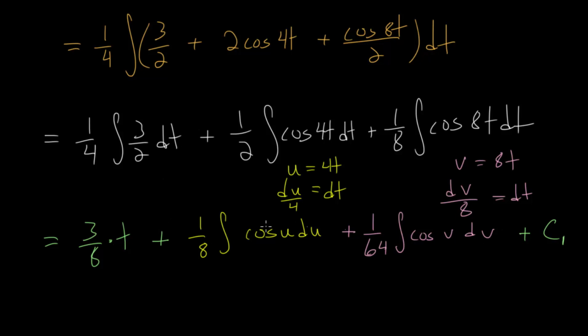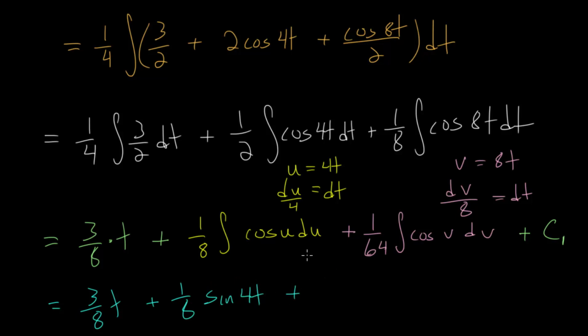And let's evaluate these two integrals so that we can combine everything. We have 3/8 t plus this integral, which would be 1/8 multiplied by the sine of u, but u is 4t.